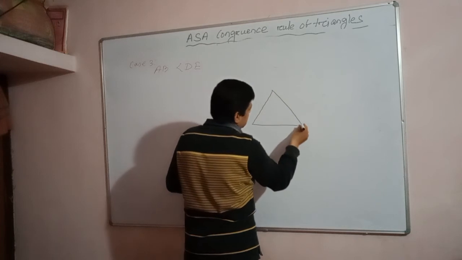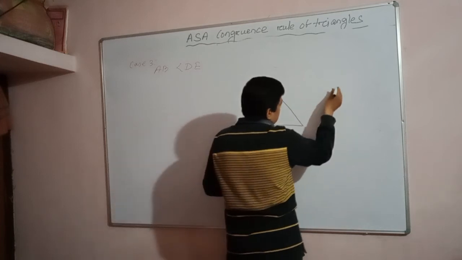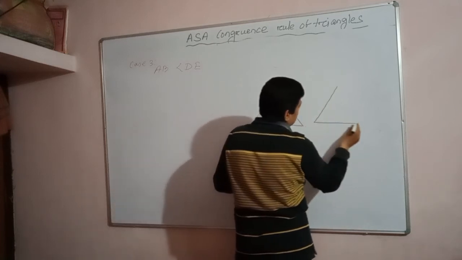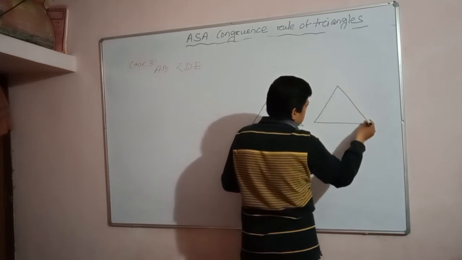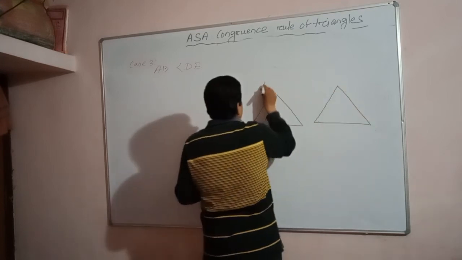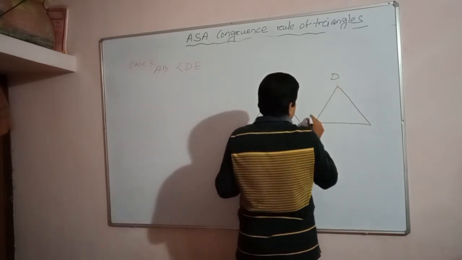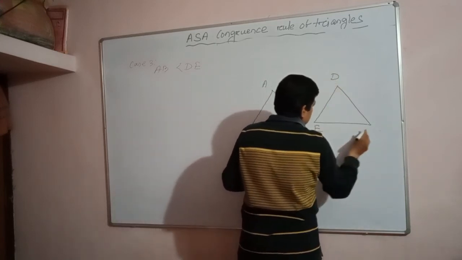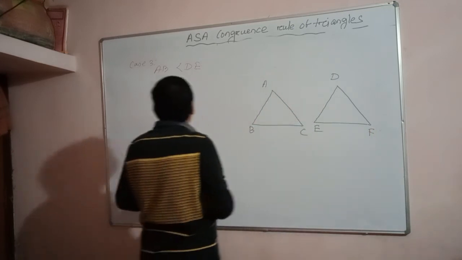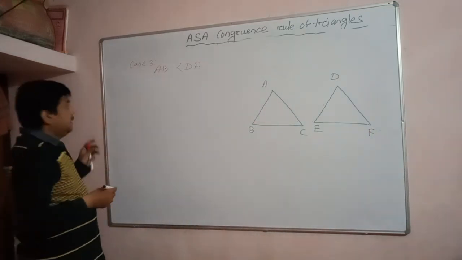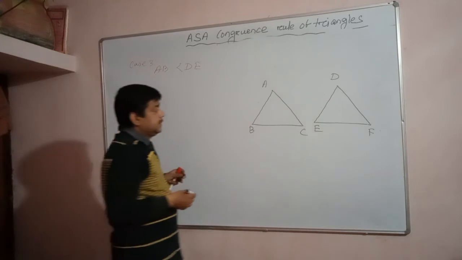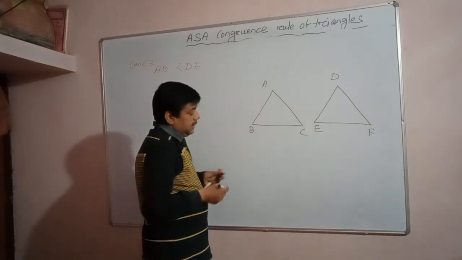Triangle ABC and triangle DEF, A, B, C and D, E, F triangles. If in case 3 AB is less than D, in this case what will we do?